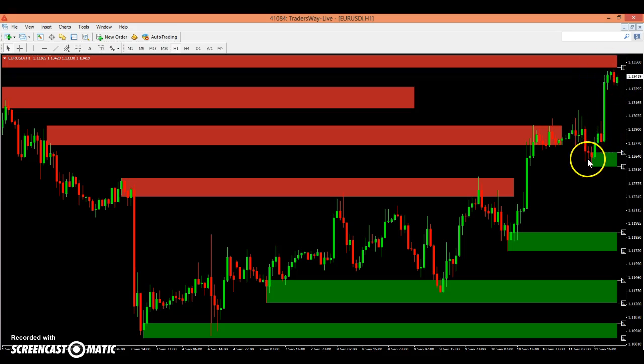We could have taken this buying opportunity, ridden it up, and this is where the market closed, of course, on Friday. So that's just a little quick video on how to trade demand and supply with no indicators. As you can see, I do not have any indicators. You really don't need any indicators with this method. However, if you do want to add some, by all means, go for it.